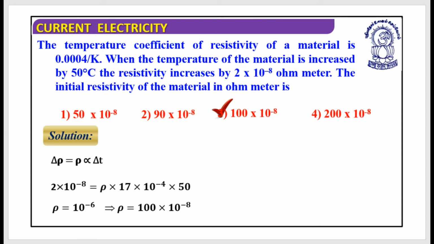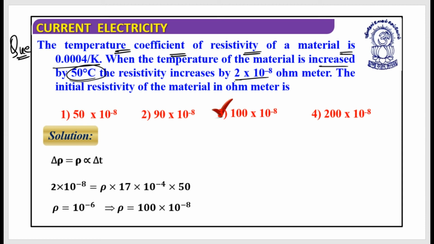What does it say? It says that the temperature coefficient of resistivity of a material is this per Kelvin. When the temperature of the material is increased by 50 degrees Celsius, the resistivity increases by 2 into 10 to the power minus 8 ohm meter. Find the initial resistivity of the material in ohm meter.